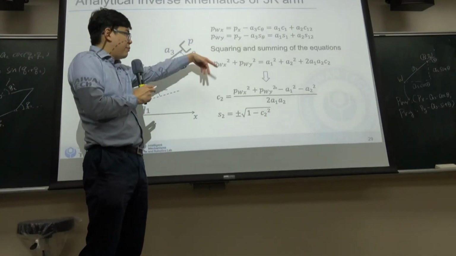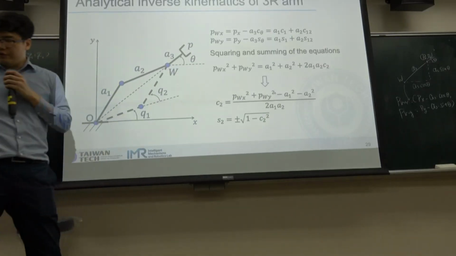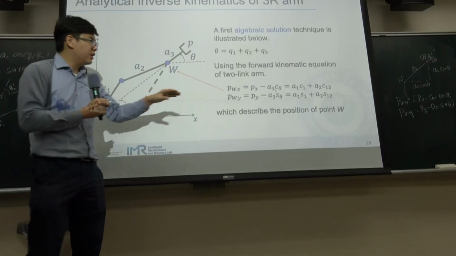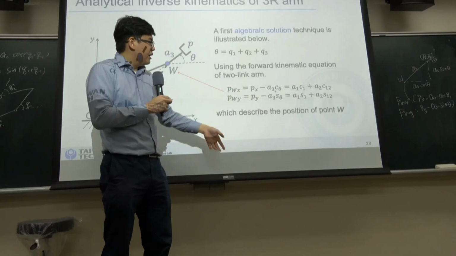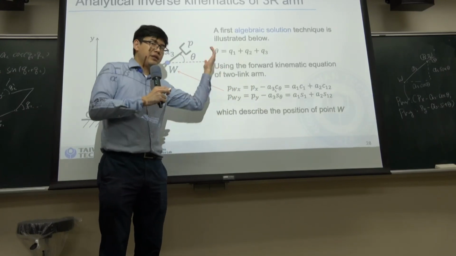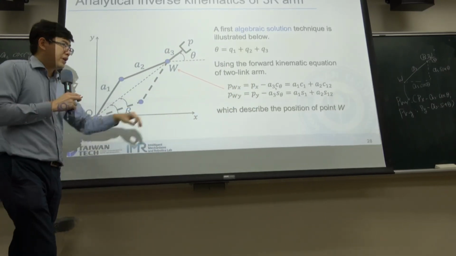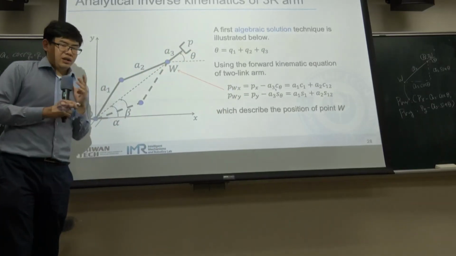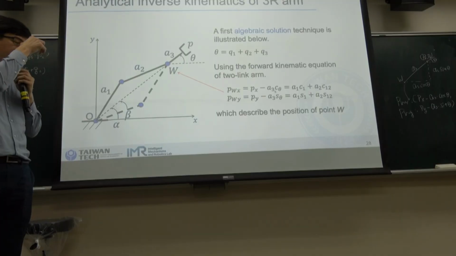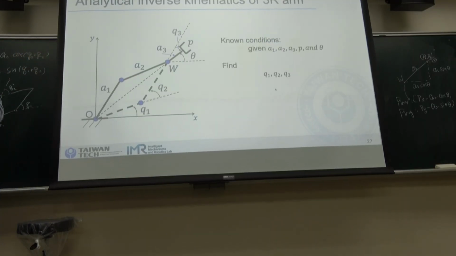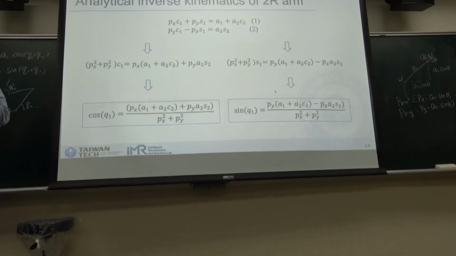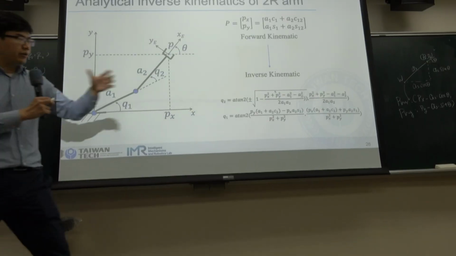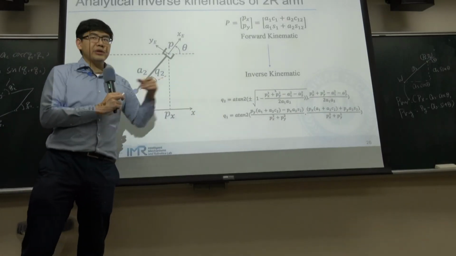So in the same process, if you already solved this, it's all the same as the 2R, because you just see Px, Py, and you can use the method you already learned before. It's equal to this solution.